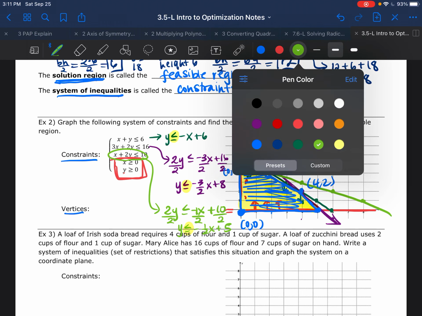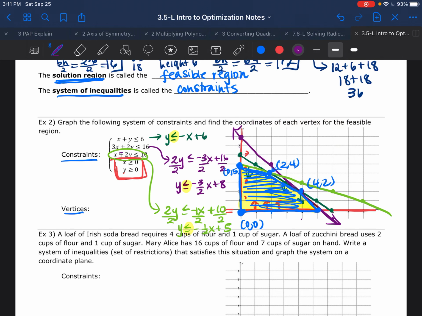Let's solve for it algebraically just to make sure. So it's this line right here. And so to solve for an x-intercept, just use your equal sign. And we make the y value 0, which makes the whole term 0.